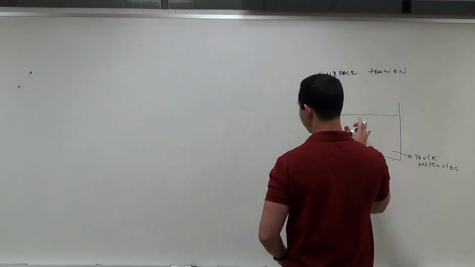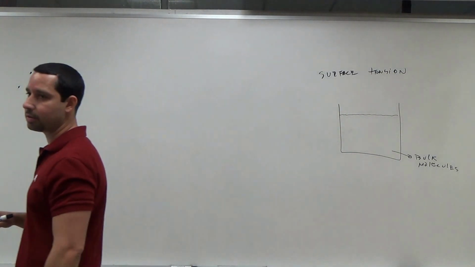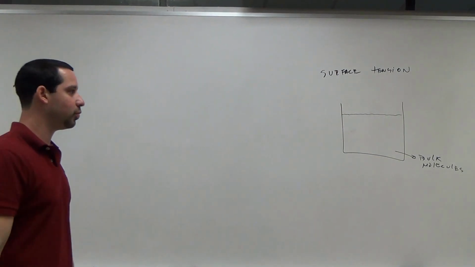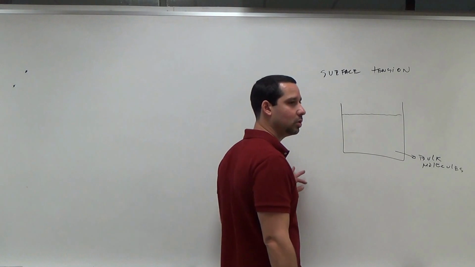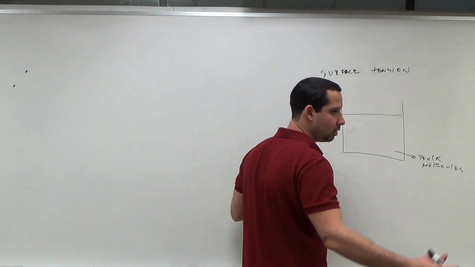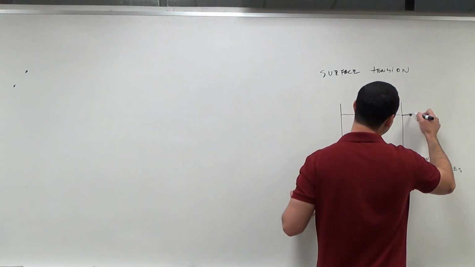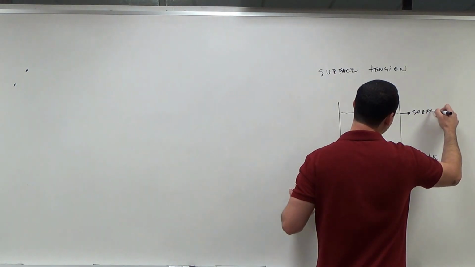And they're called bulk because I guess there's a lot of them there, yeah? And you'd never guess what the molecules on the surface are called. Surface molecules. Surface molecules. I'm amazed.